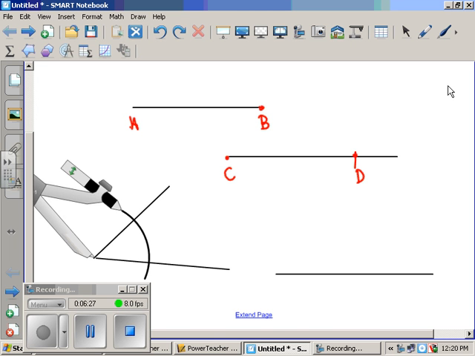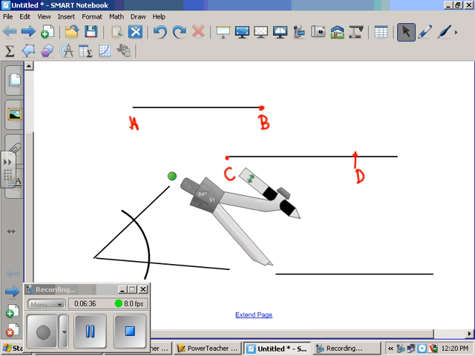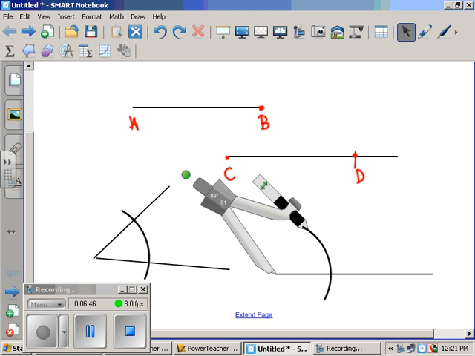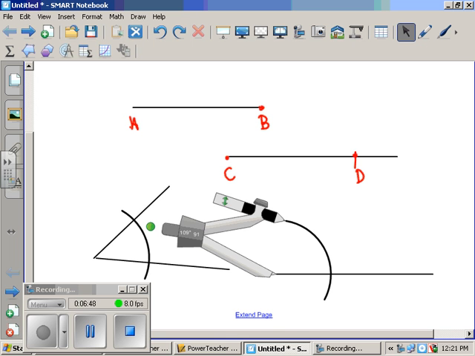And then keeping your compass open that exact amount, we're going to move it over to, again, the beginning of what's going to be our vertex eventually. And then I'm going to draw that exact same distance. So because I left my compass open, it's going to be the same distance on both angles. Okay?